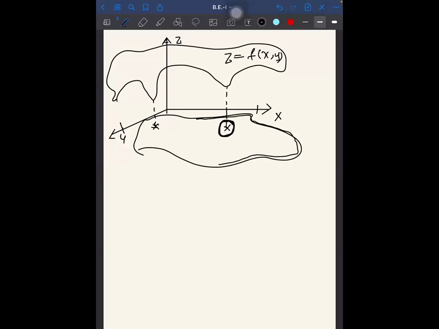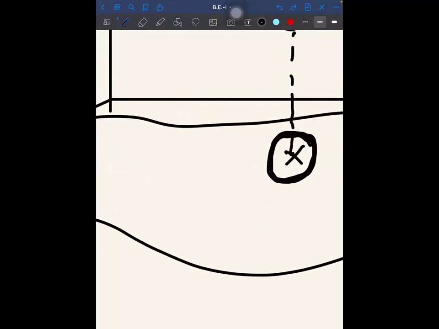Is it okay? Are you getting this? No matter how small the disk is, let's say this point, is this an interior point? Yes, sir.